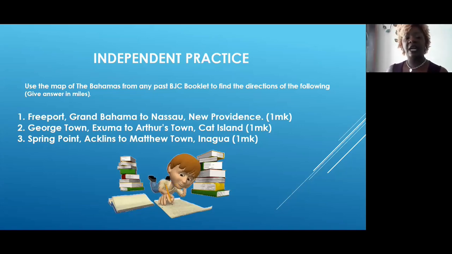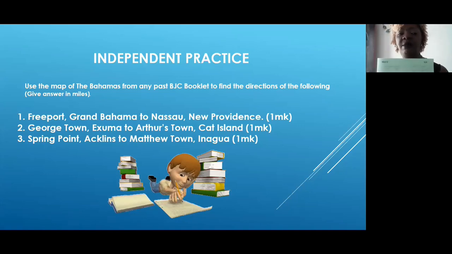Okay, so now that you have it all jotted down, we would want to use a map of the Bahamas, again, from any of your BJC books. And the reason why I'm asking you to use this is because we want our answers to be around the same.